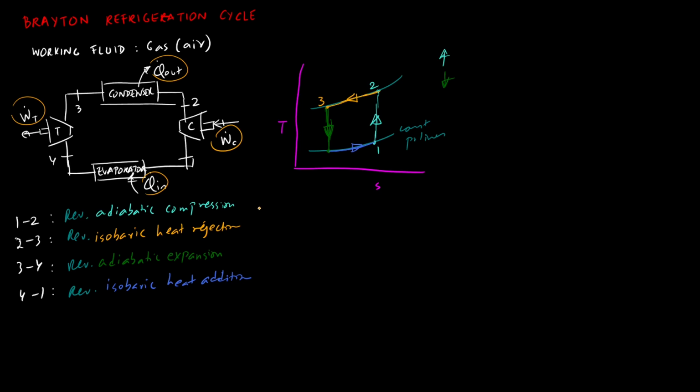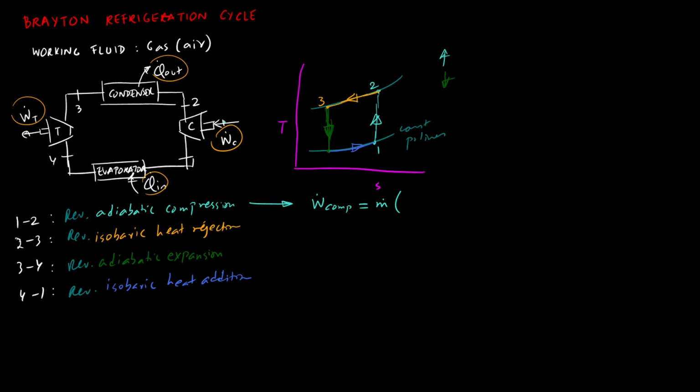So work done, if you're looking at, let's say, across the compressor, that's going to be work done across the compressor. It's going to be equal to m dot into delta H, which is going to be between state 1 and 2. So is it going to be H1 minus H2, or is it going to be H2 minus H1?